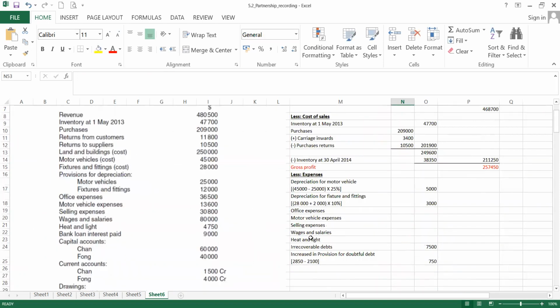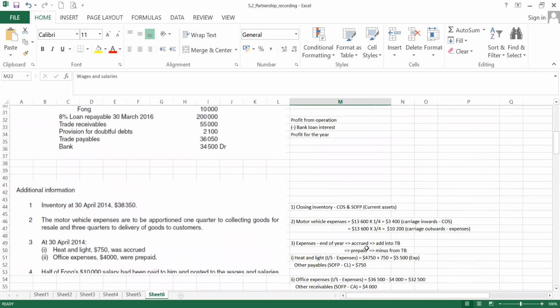Heat and light, 750 plus 750. And our wages also just now got the adjustment.